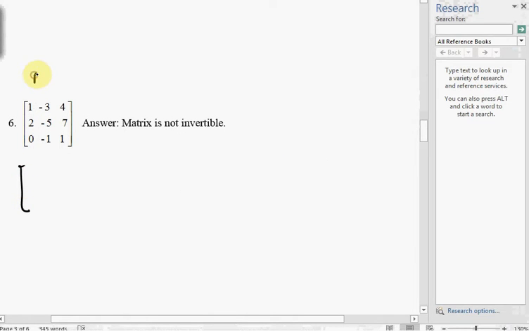We said that you start with the matrix on the left side and the identity on the right side, and then you reduce until on the left side you have the identity matrix, and on the right side you have A inverse. Now, if you cannot produce the identity matrix on the left side, A inverse does not exist. Okay? And that's what happens with this problem right here.